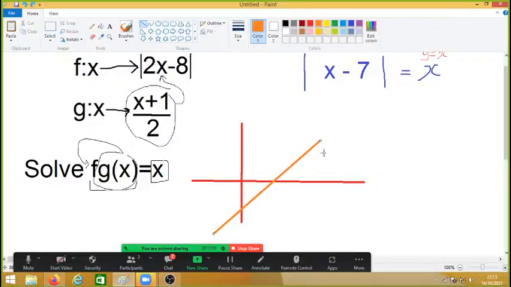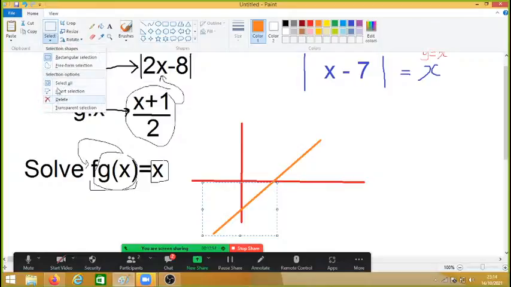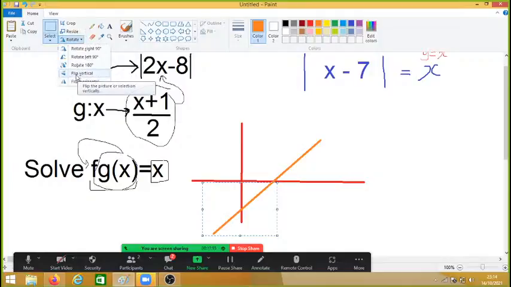and what I want is the orange line to flip. So let's flip that.